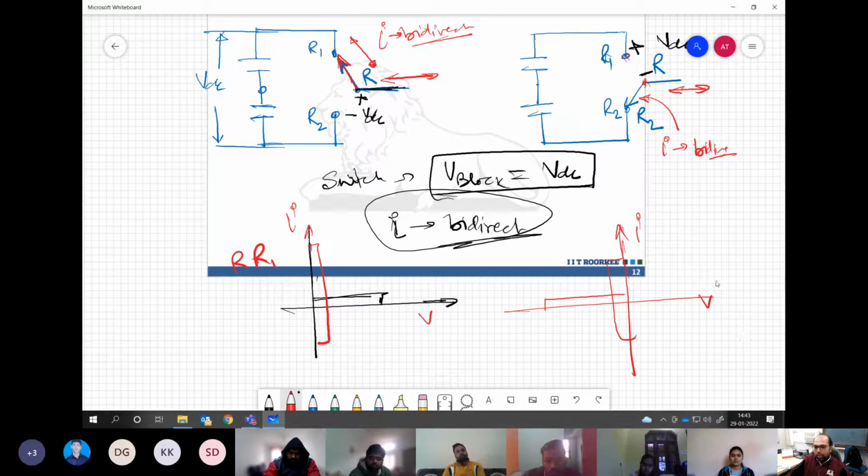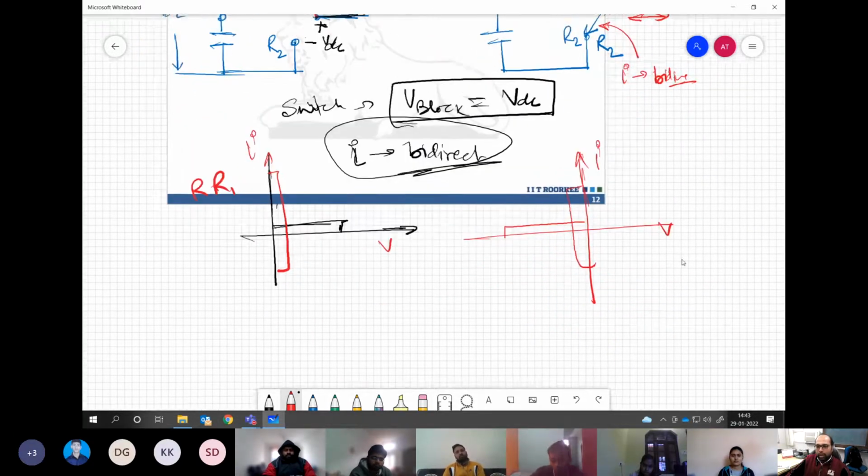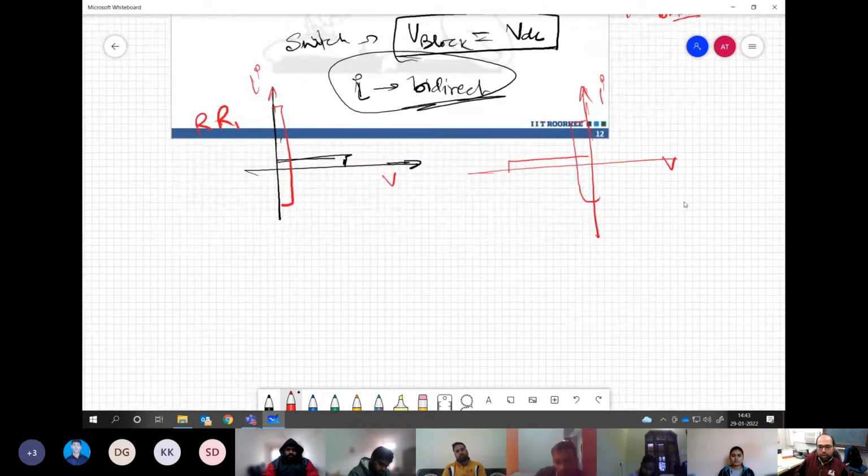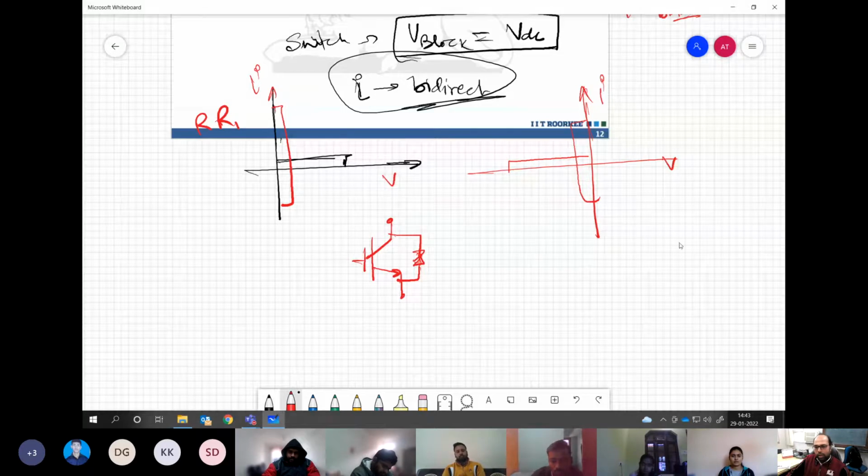So what are the options here? Because we want unidirectional blocking and bidirectional current, obviously we can have, let's say, an active switch connected with antiparallel diode, say IGBT connected to a diode. Now both are having similar properties, only the polarity of connections are different.